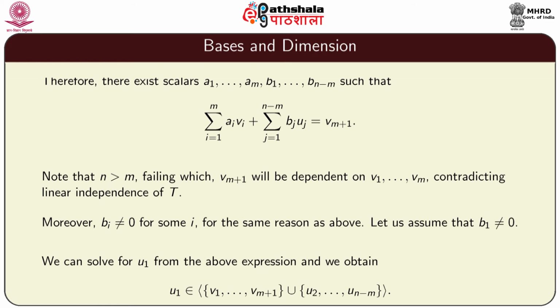What are the other vectors? They are v1, v2 and so on up to v(m+1), the elements of T, and u2, u3 and so on up to u(n-m). Therefore, u1 is in the span of these vectors v1 to v(m+1) and u2 to u(n-m).